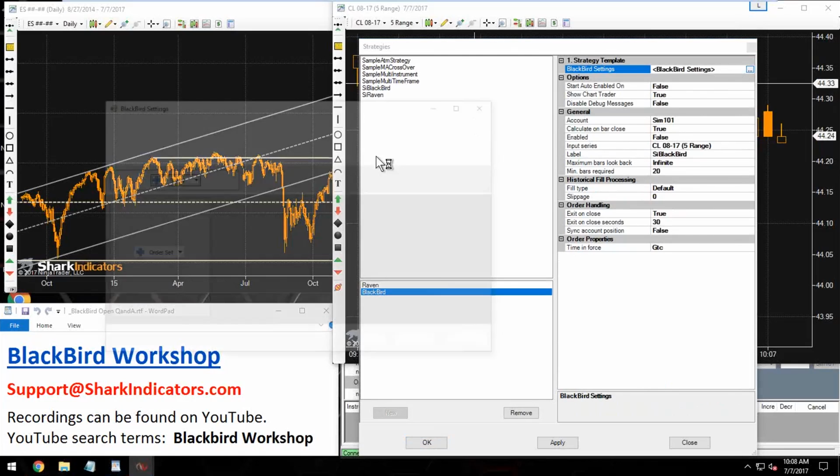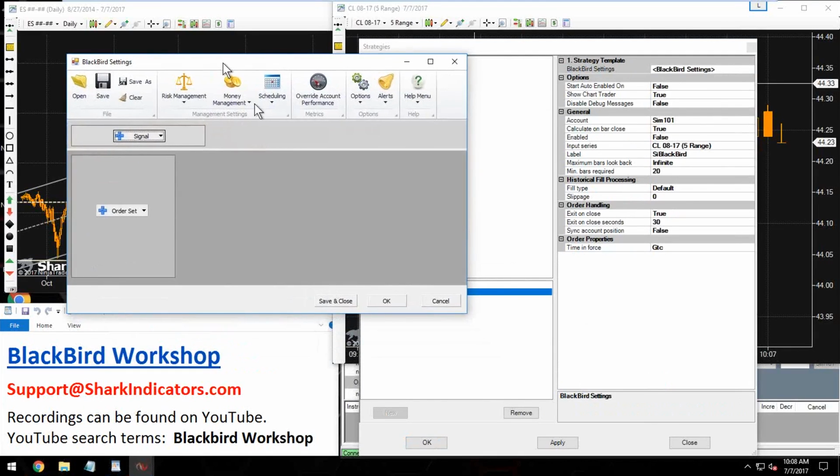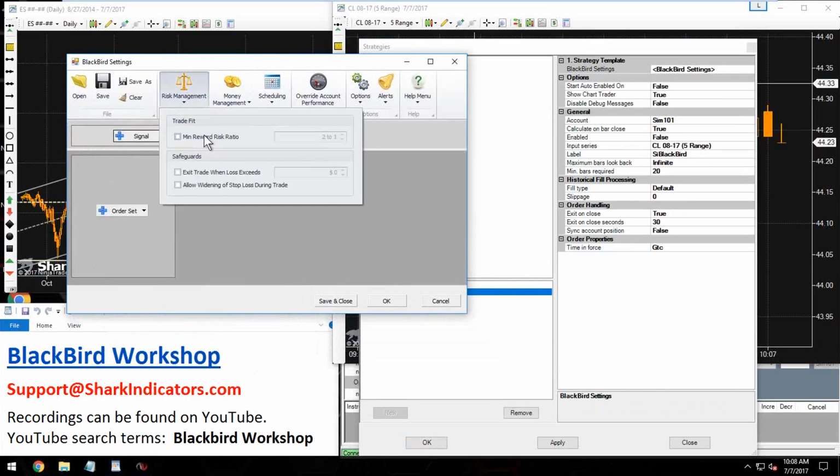you'll see that BlackBird has an interface much like Bloodhound, which gives you a lot of controls here. So BlackBird has risk management constraints, right? So if you have a minimum risk reward ratio, you can plug that in, and then the trade would be skipped if your risk reward is not met.